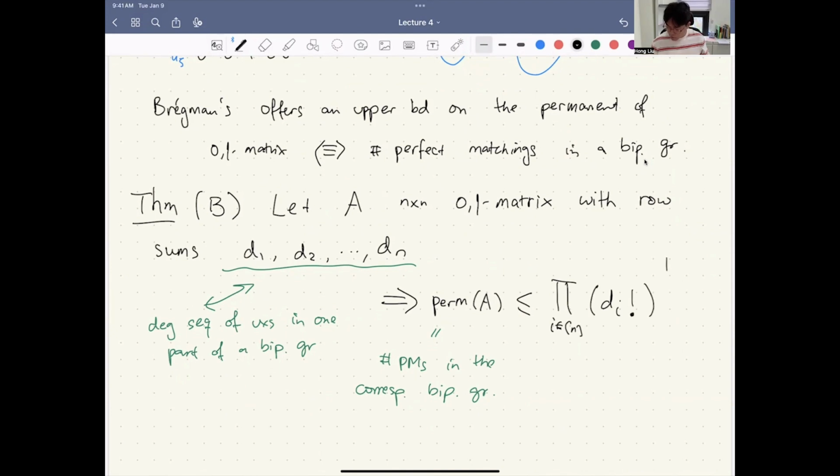Looks like a strange number, but let's first argue that this bound is optimal. You cannot improve it. We cannot guarantee that the permanent of a 0-1 matrix is smaller than this number. So we need to give an example where equality holds.